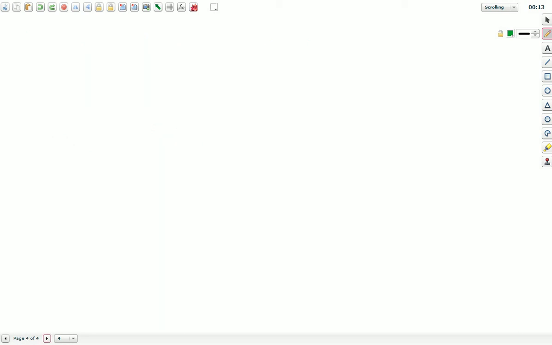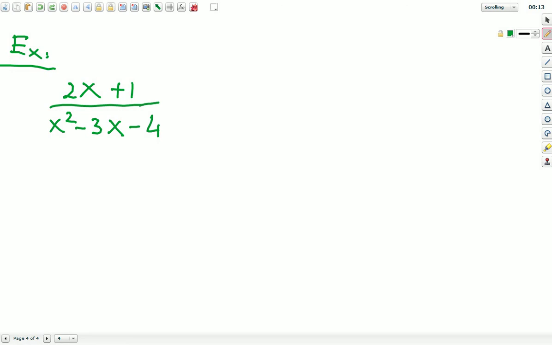Okay, so for example, the idea is to take something like 2x plus 1, say, over x squared minus 3x minus 4, and try and rewrite this as a sum of fractions that have actually denominators that are of smaller degree than this.